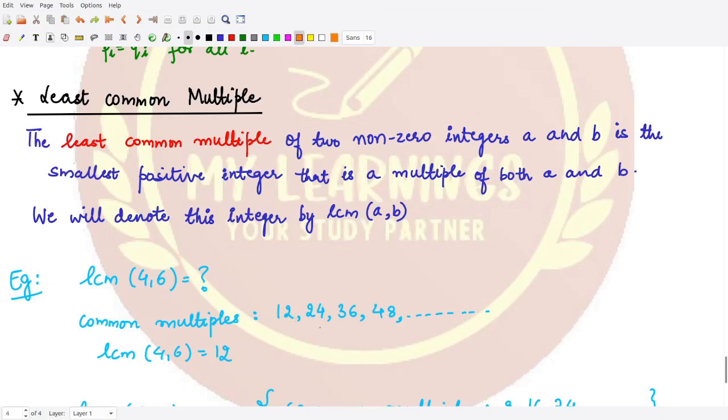Next we have 24 as a number which is divisible both by 4 and 6. Next is 36, next is 48, and the list is countless. You could keep on writing numbers like this. So what is the least among these numbers? That is 12. So 12 would act as the LCM of 4 and 6.